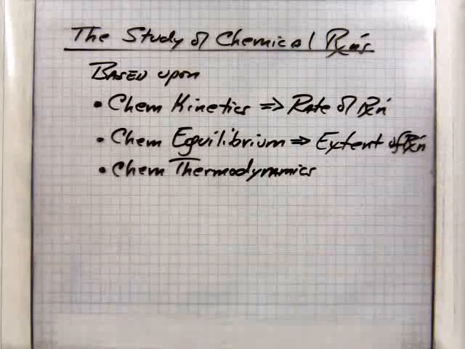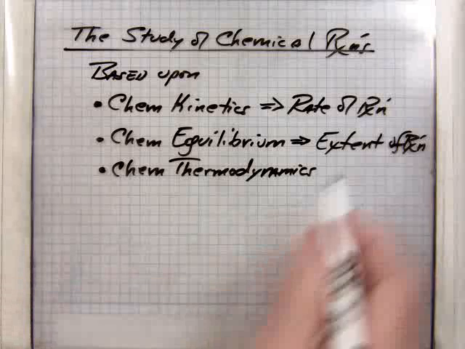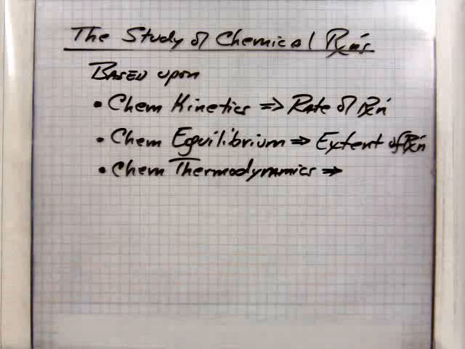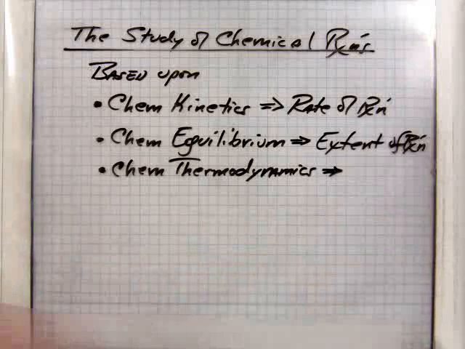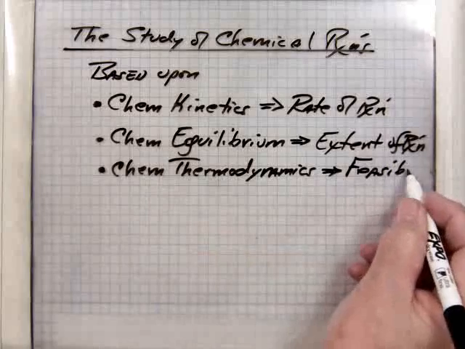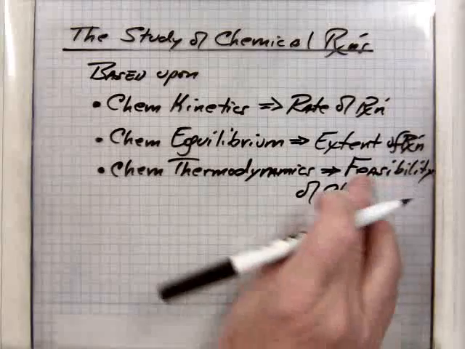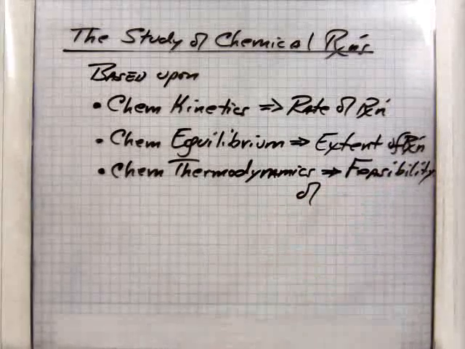The extent of reaction is the point at which it transitions from the kinetic region, and I'll show you in a moment, into the steady state region where the slopes of the concentration curves become zero. Thermodynamics deals with the feasibility of a process. Its base definition is the study of energy changes in the chemical and physical process, but its application is feasibility of a reaction process.